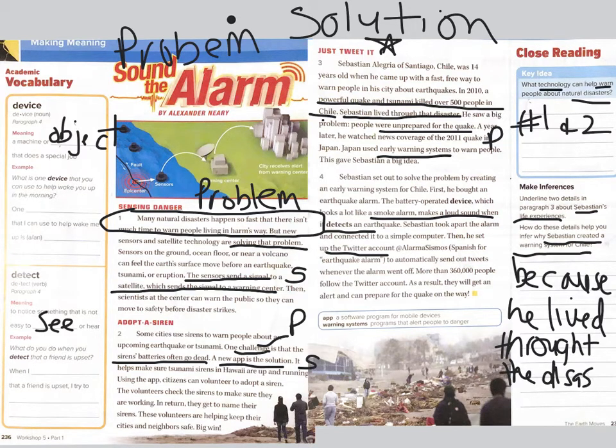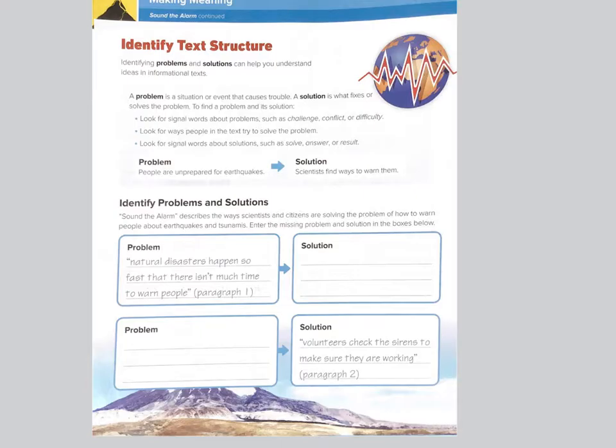Now, you're also going to add some more information from paragraph 3 to finish the question. As we already read through the sound the alarm, we looked for the problems and solutions and highlighted and circled them. So you are aware that a problem is an event that causes trouble. We also looked for some signal words.